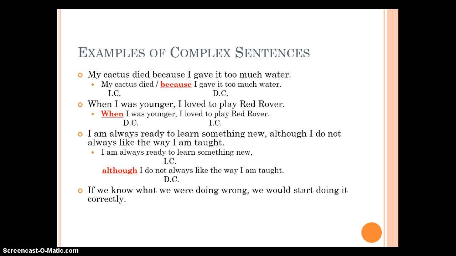And here's your last example: if we knew what we were doing wrong, we would start doing it correctly. The subordinating conjunction in this sentence is if. So if we knew what we were doing wrong is the dependent clause, and we would start doing it correctly is an independent clause. That concludes this video on simple sentences, complex sentences, and compound sentences.